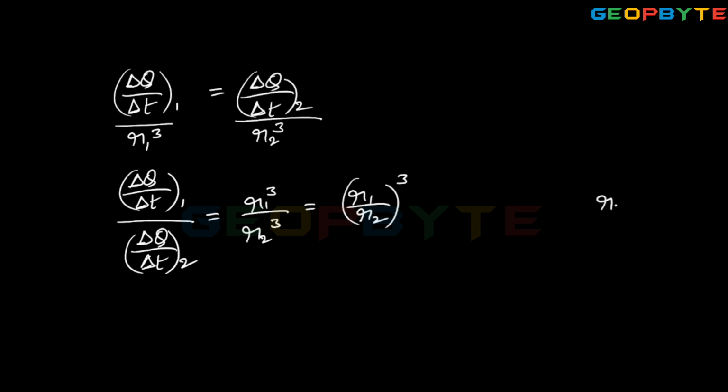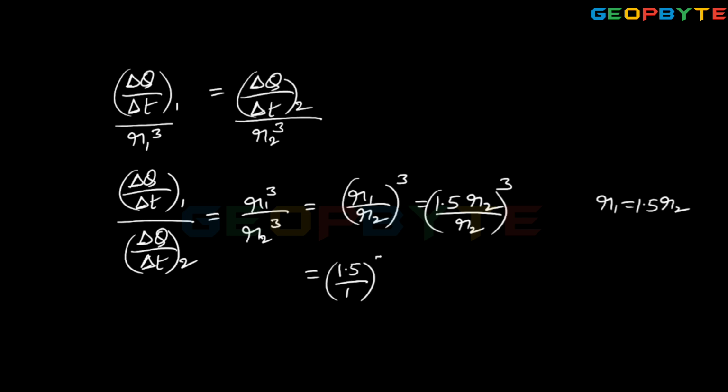But given that R1 equals 1.5 R2, it is equal to 1.5 R2 divided by R2 whole cube, so it is 1.5 by 1 whole cube.